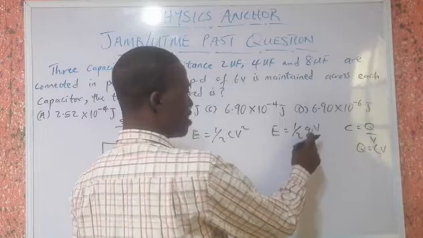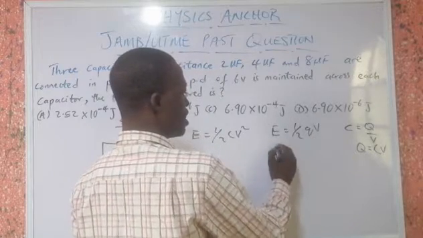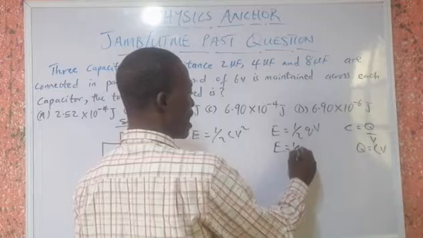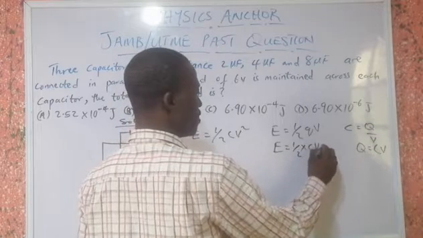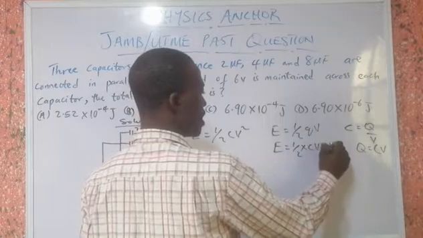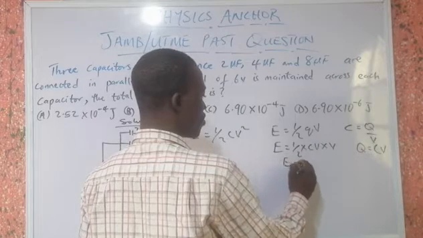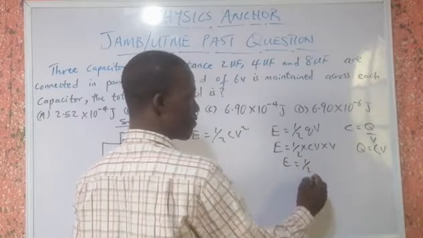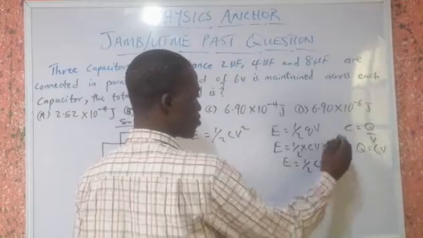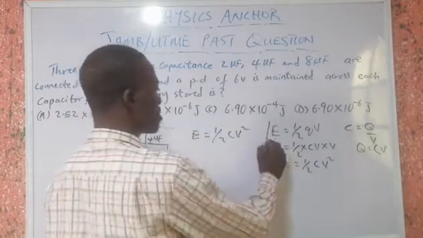If you put CV to replace Q, the formula becomes half times CV times the V we have here already, which gives E equals half CV squared.